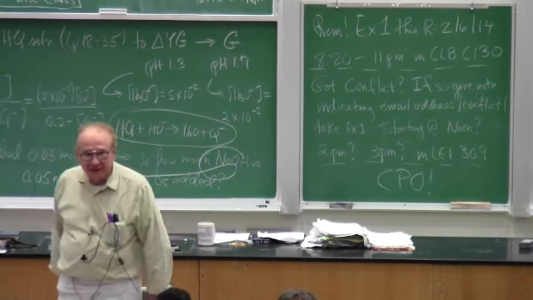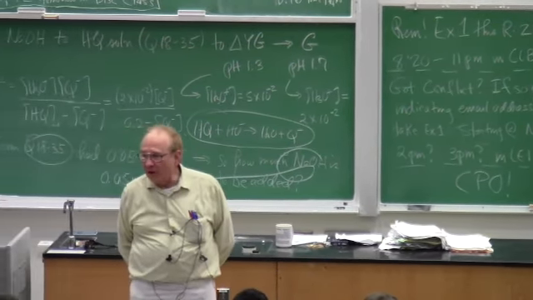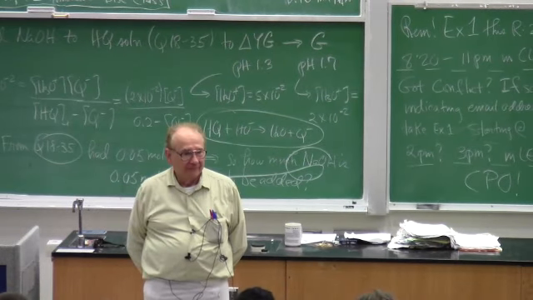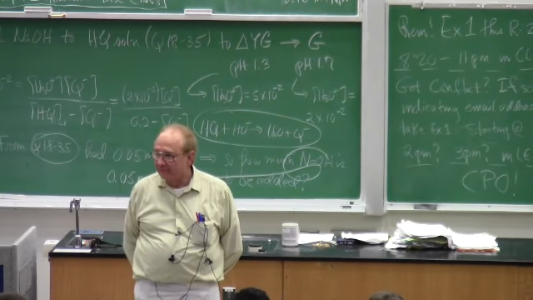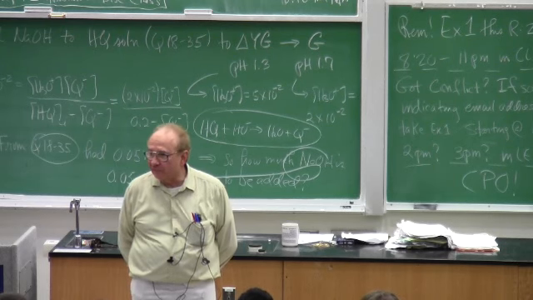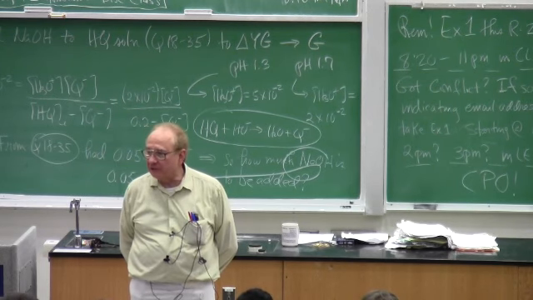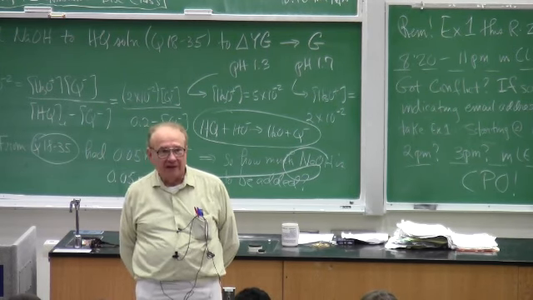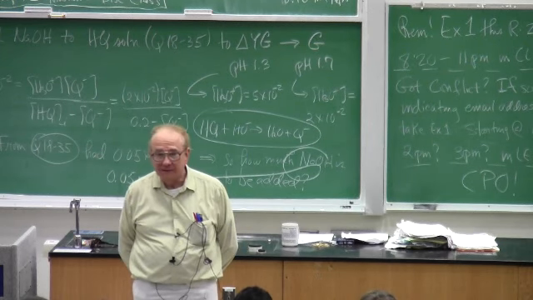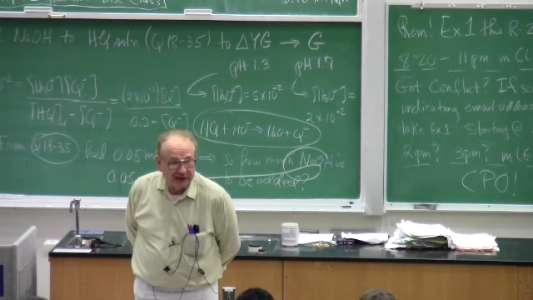What's 8 times 13? 104. So I get 1.04 if I stretch the 3 sig figs times 10 to the minus 14. You agree that's pretty close to kW? To 2 sig figs, it is kW.